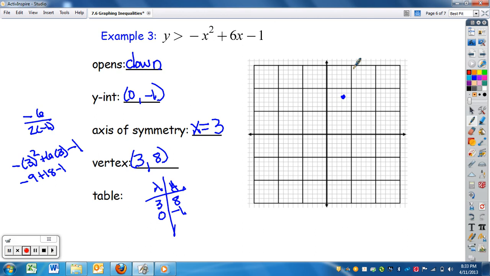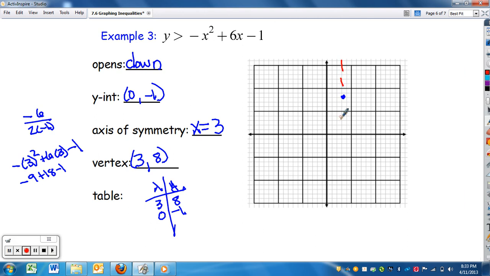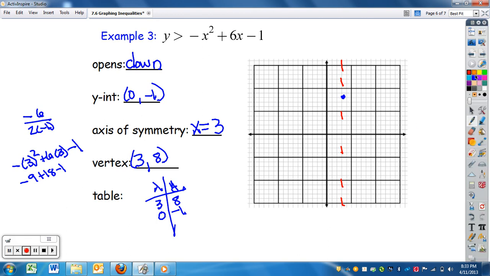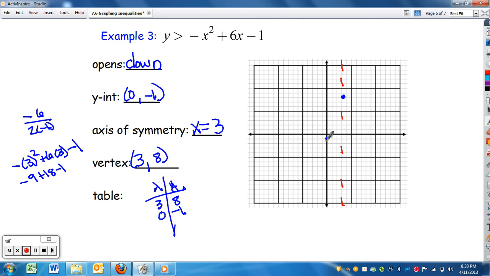Let's do that in red. My axis of symmetry, so I remember where the middle of my parabola is. We have (0, negative 1), 3 away, so go 3 away on the other side. And find some value in here. I'm just going to do the next one over, which looks like 2.